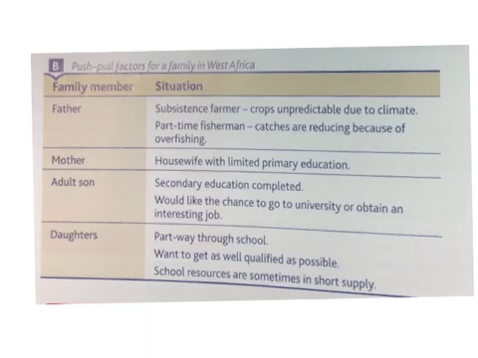The daughters, on the other hand, are partway through school and want to get as well qualified as possible. School resources are sometimes in short supply. So the fact that the school resources are in short supply, that's a bad thing. It's pushing them away. So as you can see, this whole African family have a range of push and pull factors that make them want to move from the area that they're currently in.